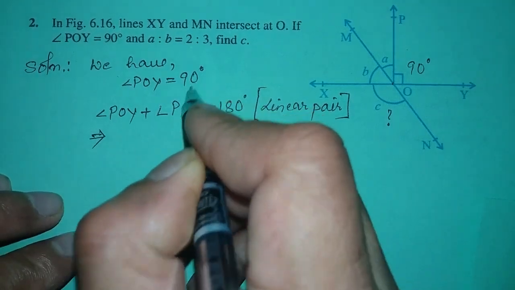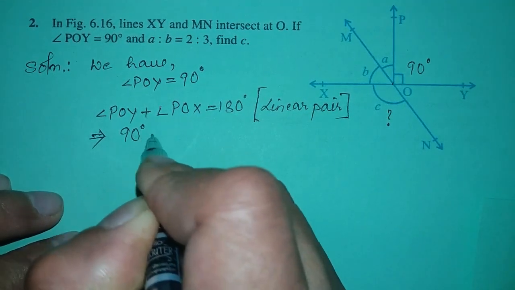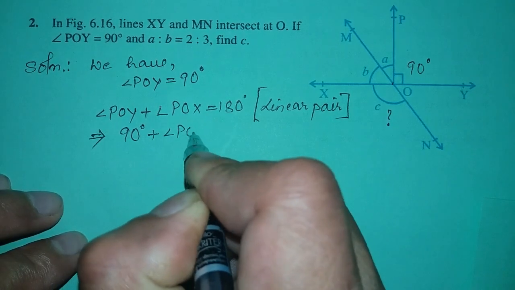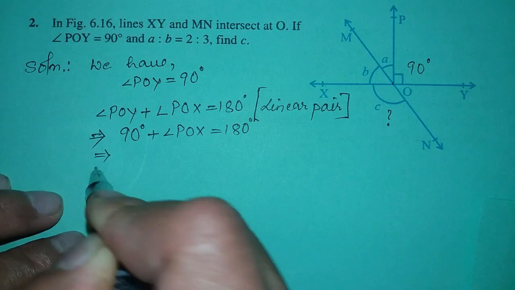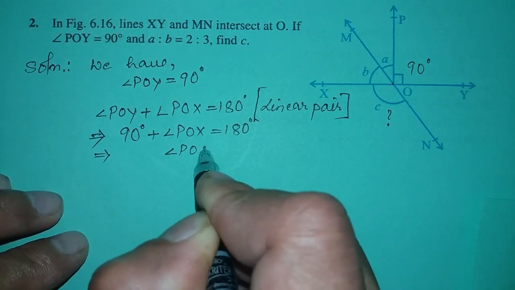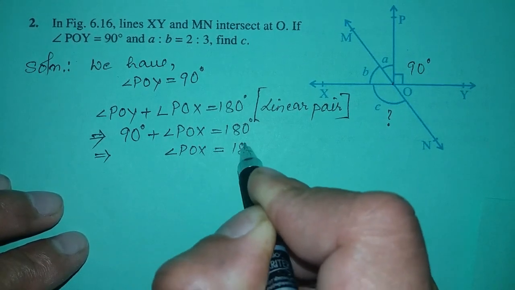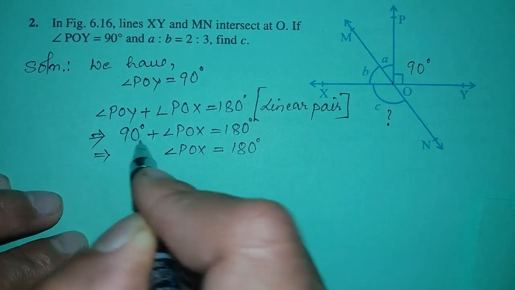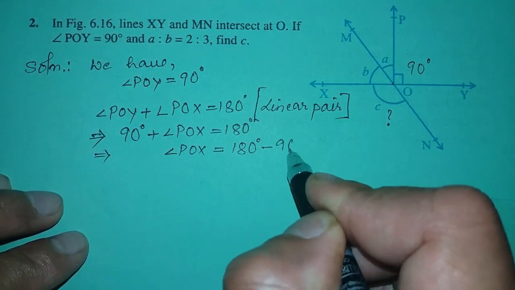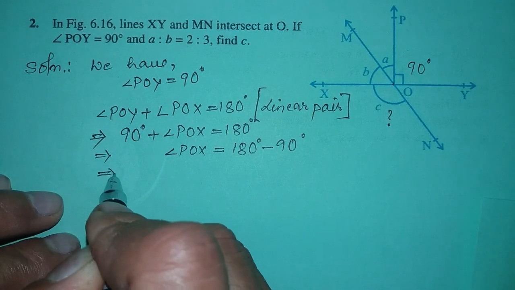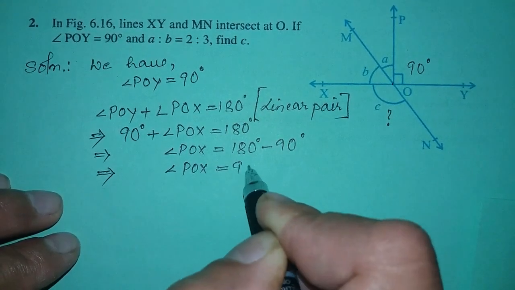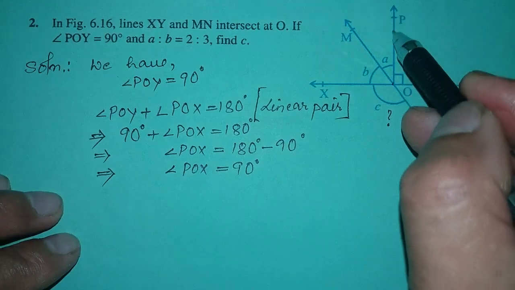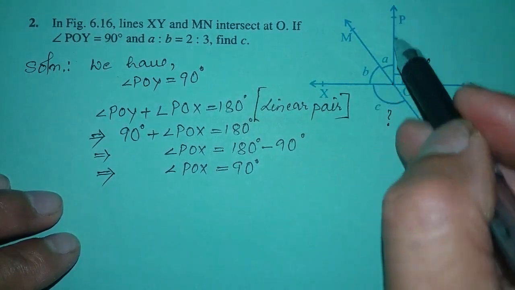Now this angle POY is 90 degree plus angle POX is equal to 180 degree. You transpose this 90 to the right hand side, then angle POX is equal to 90 degree. So angle POX is 90 degree.